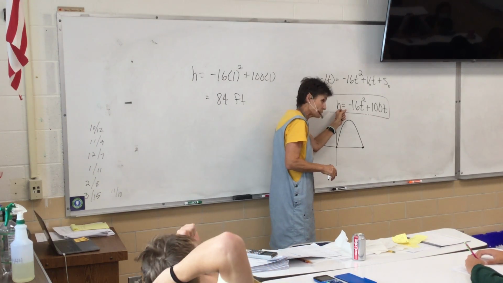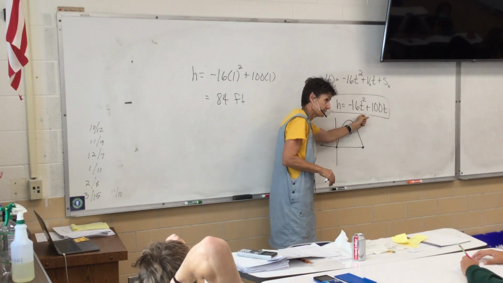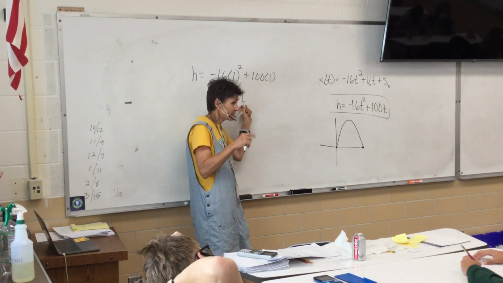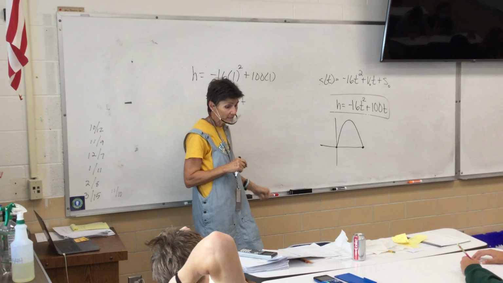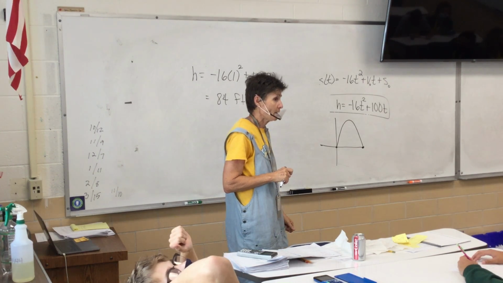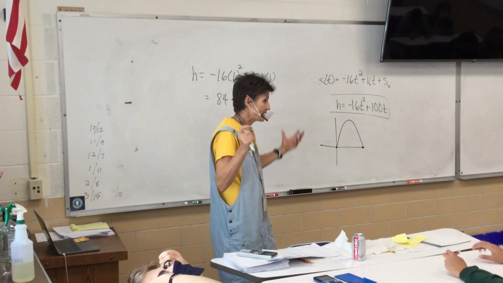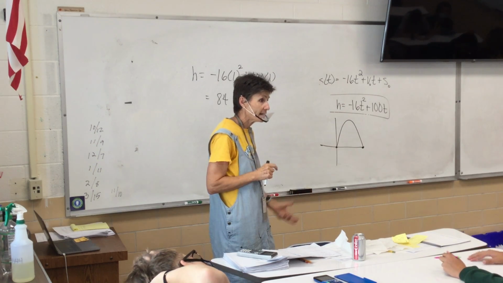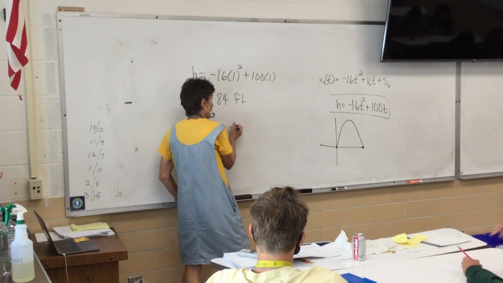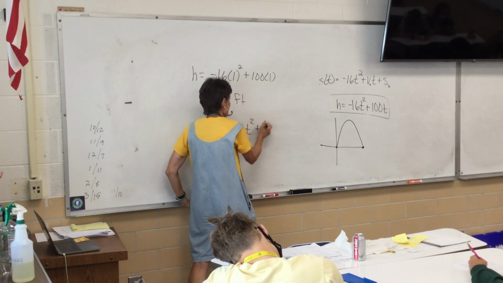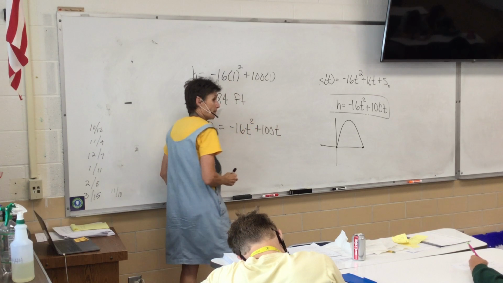You gotta be able to plug an H in, or you gotta be able to plug a T in. For the one we just finished, we plugged in a T, because they told me 1 second. What are they telling me here? I'm on the ground. What does that mean? The height is 0. So now I have the equation 0 equals negative 16t squared plus 100t.